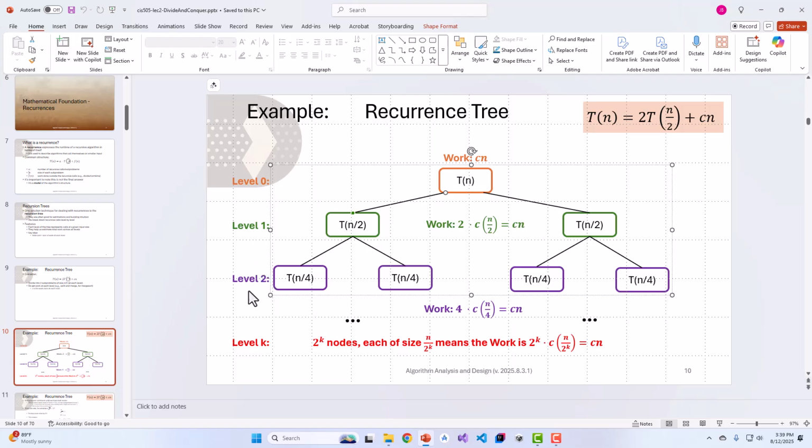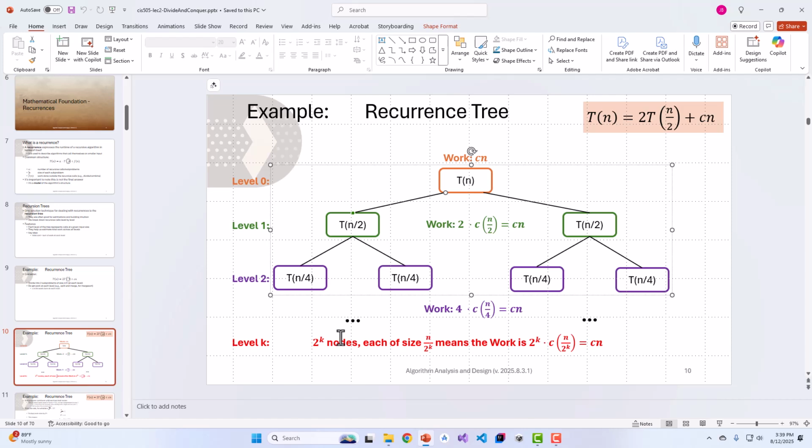Then you end up with level 2. The original T of n is split into 2 to get T of n over 2, and then subproblem size n over 4. We've got 4 of those, so that ends up also being c of n. If we keep going, you end up at the kth level. This is where we start talking about an arbitrary level. If you look at the pattern, the 2 to the level number tells you how many subproblems are involved, right?